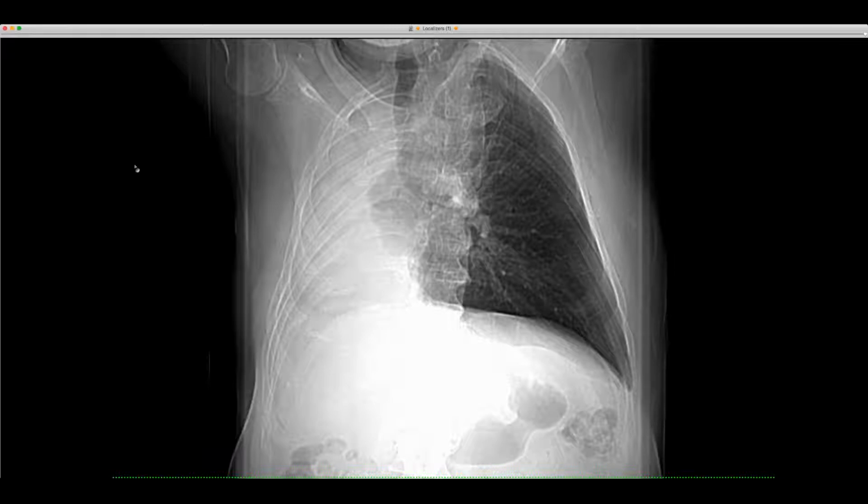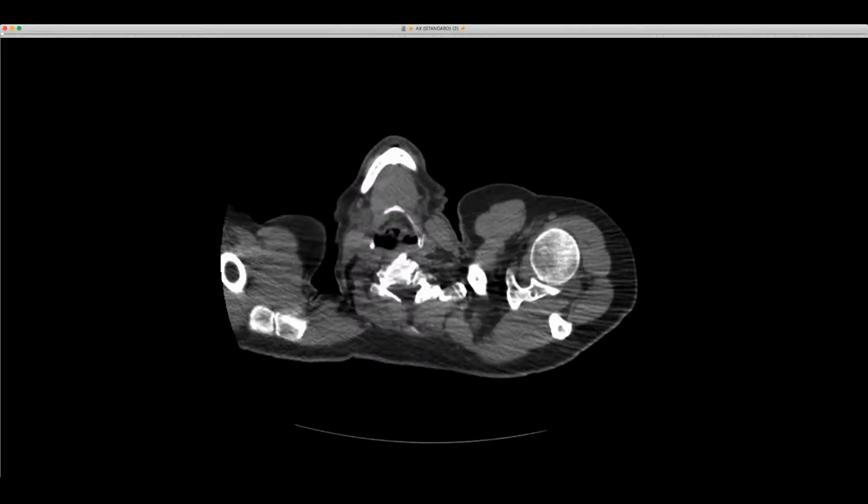You can see here on the scout, the topogram, that there is severe mediastinal rightward shift, and we don't see a right lung here. Let's take a look at the CT chest.